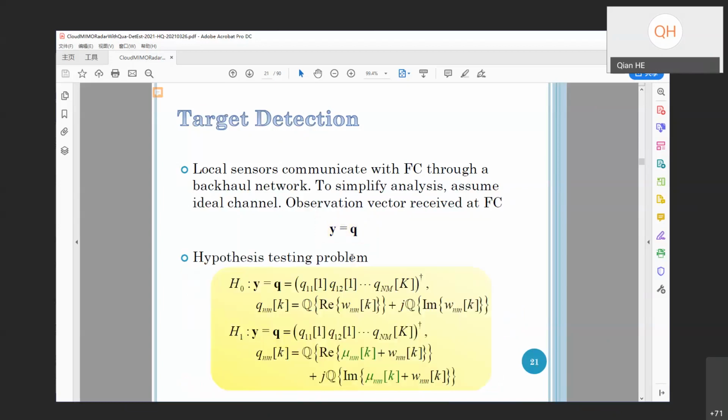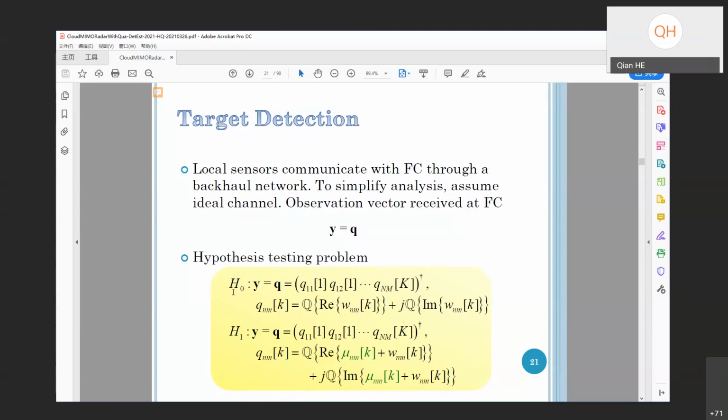So now at the Fusion Center, the topic of today is that you want to do, first of all, target detection, right? You want to tell whether there is a target or not. So this is a so-called detection problem. We have to solve it, I mean you don't have to, but let's solve it using a Bayesian approach. So you formulate a hypothesis testing problem.